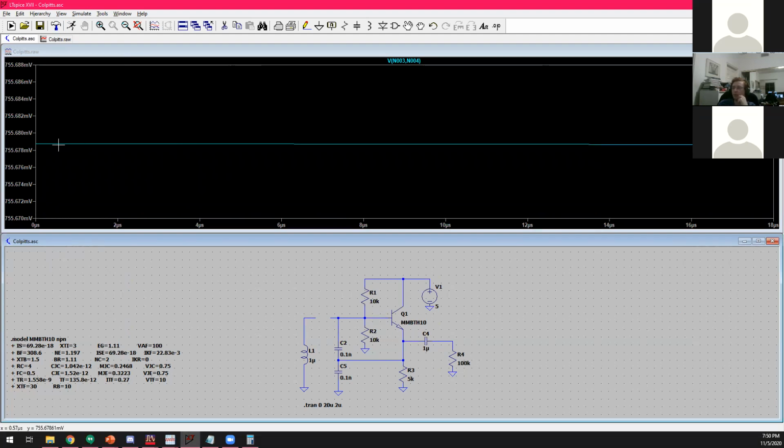From base to emitter, I have roughly 755 millivolts. Now remember before when I said base to emitter is usually 0.6 volts when the transistor is on. While that's true for certain transistors, it's not true for all transistors. For this particular one, the transistor turns on when base to emitter is roughly 750 to 800 millivolts. That's just the way it is for this particular transistor.